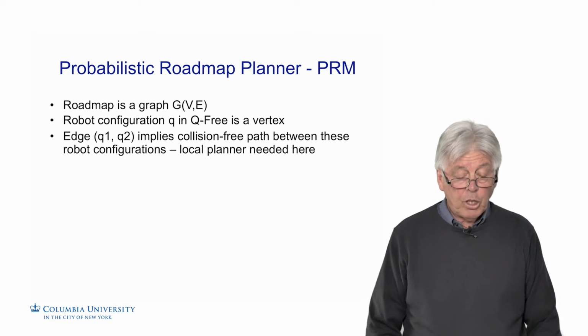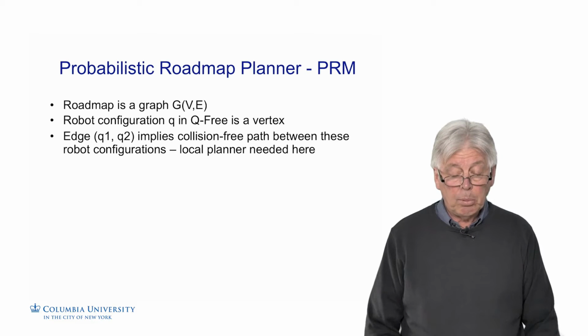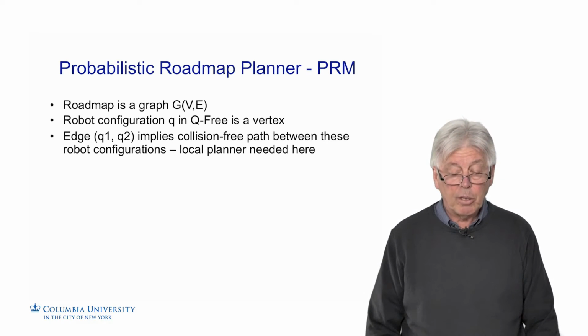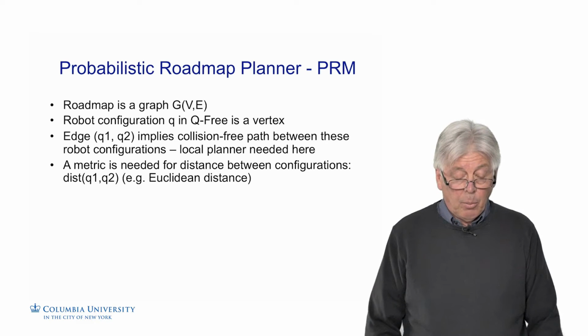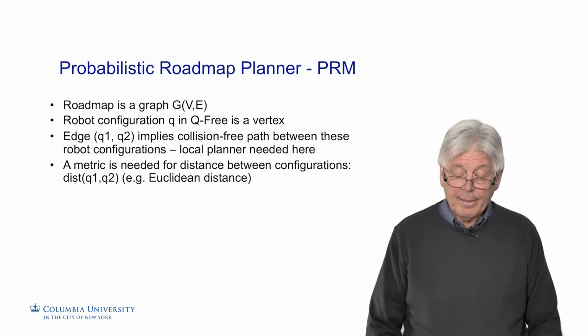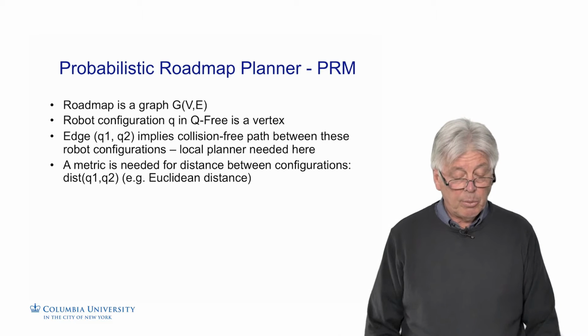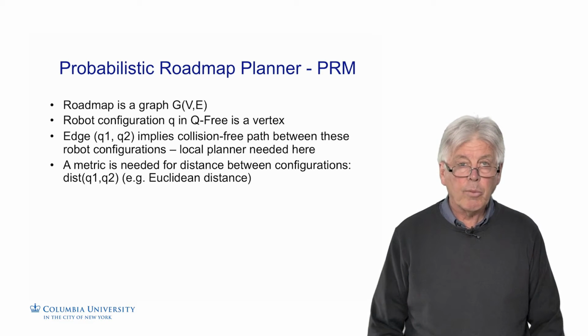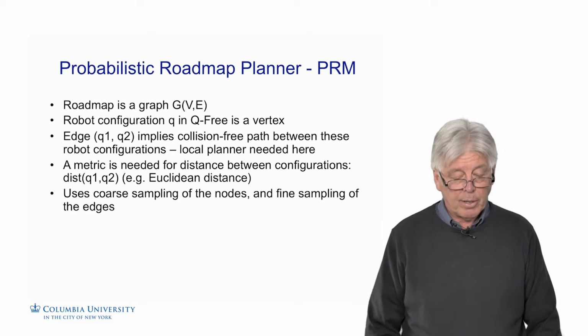An edge between Q1 and Q2 implies a collision-free path between these robot configurations. And again, we need to have a local planner to do the planning between these two close configurations. We also need a metric to find the distance between configurations. So we want to find the distance between two configurations. And for example, we might use the Euclidean distance if it's a point robot to see where the neighbors are.